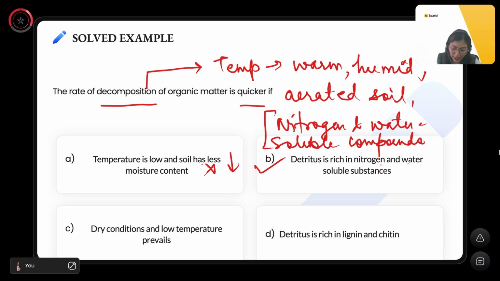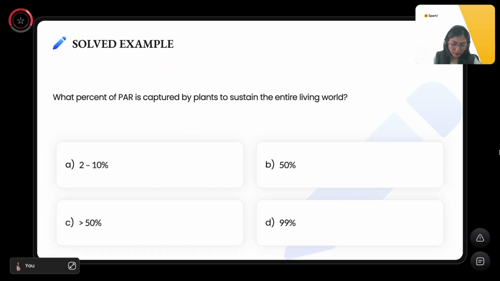Option C says dry conditions and low temperature will not promote decomposition. Detritus is rich in lignin and chitin. This will slow down the process of decomposition. Okay. Clear? So if the detritus is rich in lignin and chitin, it is at a much slower pace. Clear? Let us move on to the next question.